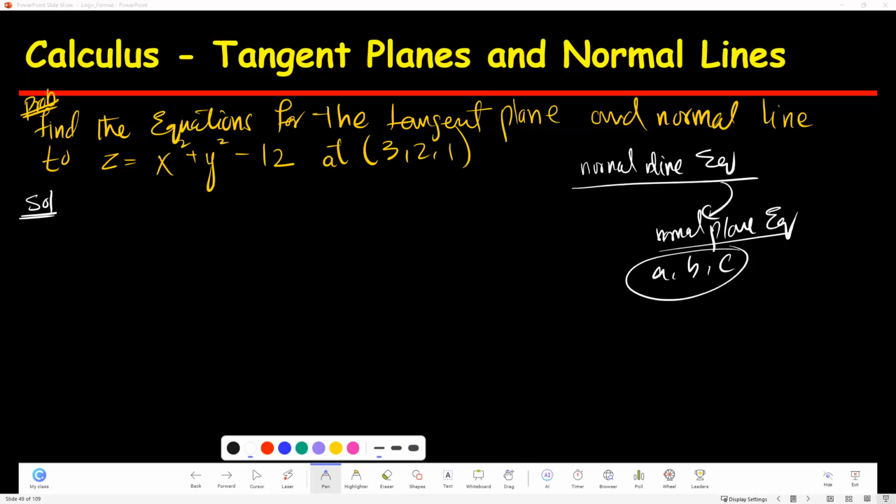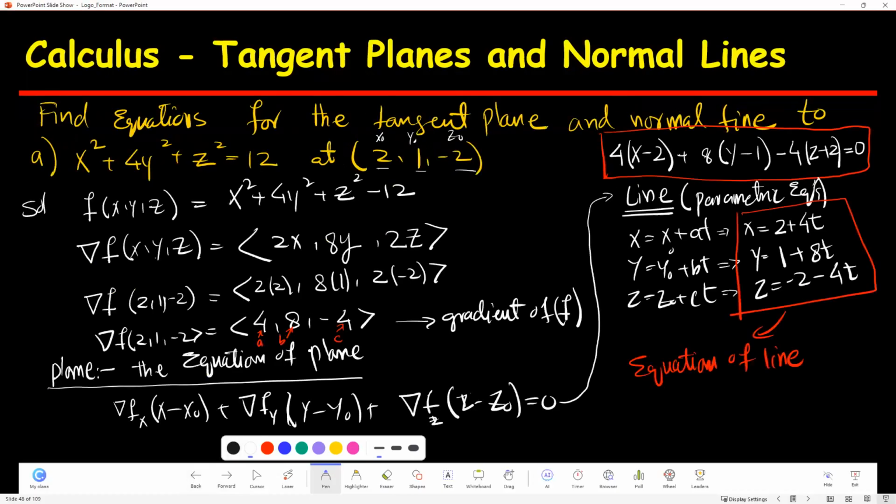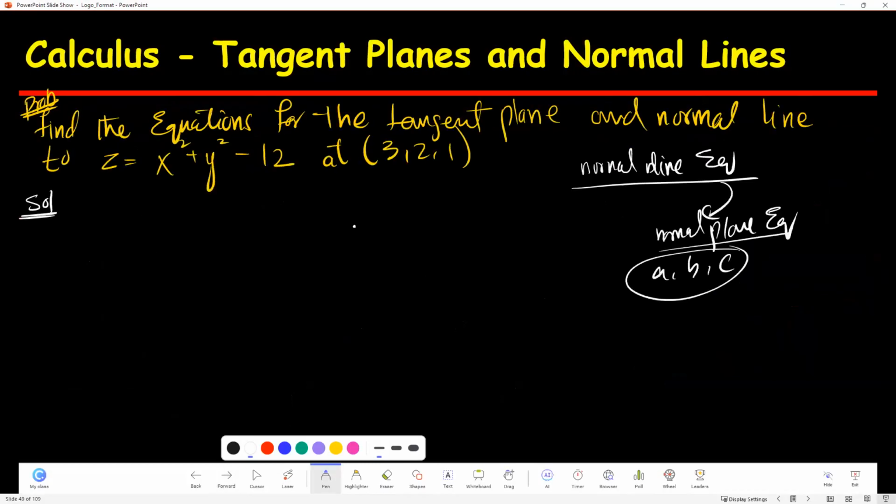So if it's not given, then you have to find the derivative or partial derivative or the gradient to find ABC, just like we found here. This ABC is not visible until you solve this gradient at that particular given point. So if somebody asks you just for the plane equation, you can do it. If they're asking about just the normal line equation, you have to do a little bit of work before you get there, right? Or if the question gives you ABC, that will be fantastic.